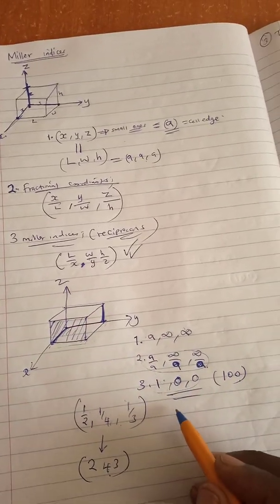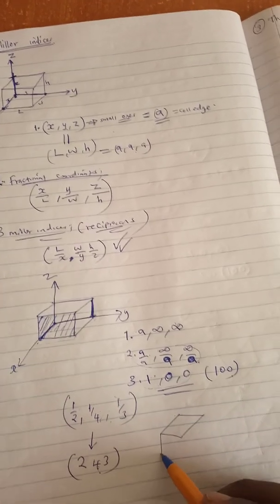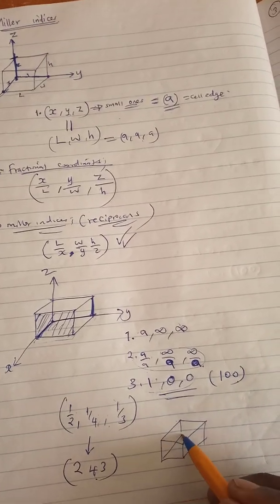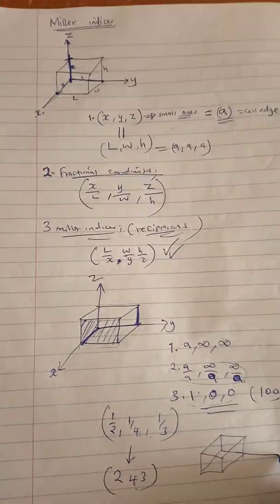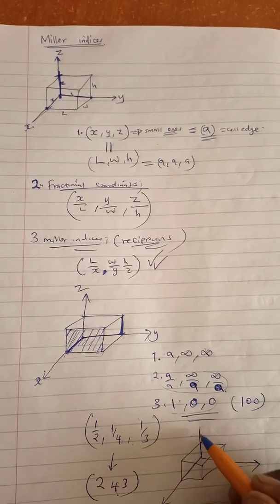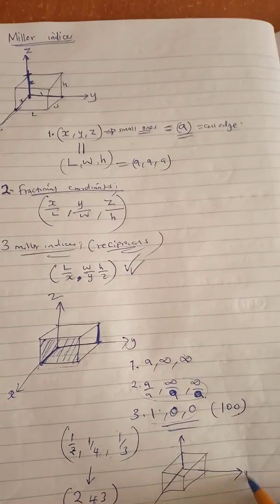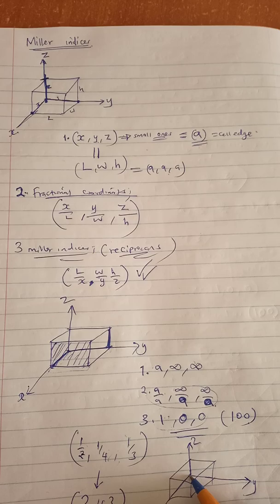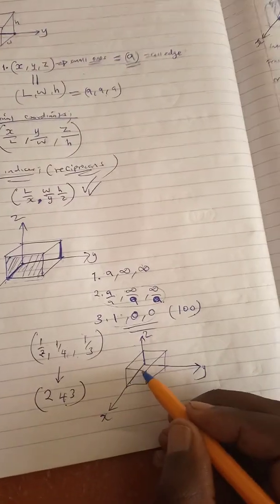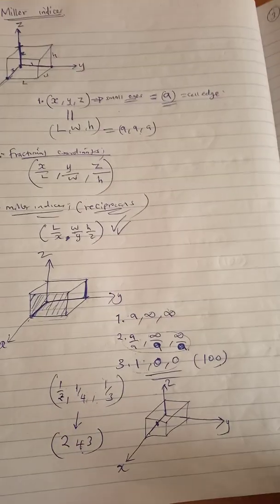So you will draw something like this. You draw the cube. It is a half of a on the x-axis. Everything is a, this distance from here is a, so a half of a will be up to there.